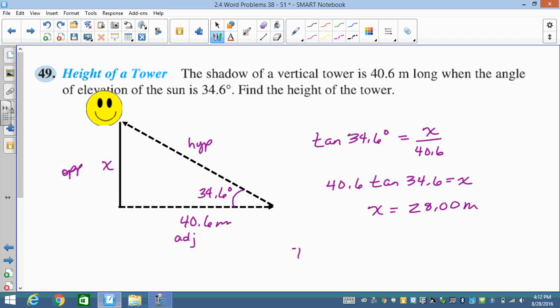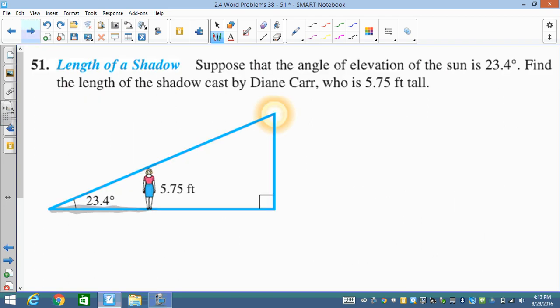So the height of the tower is 28.0 meters. Okay, one more. I know the video's going long, but we're good.